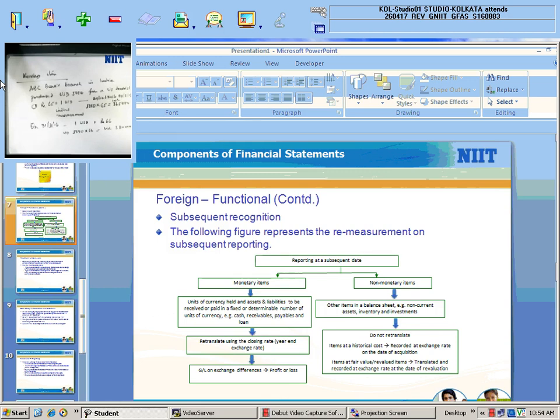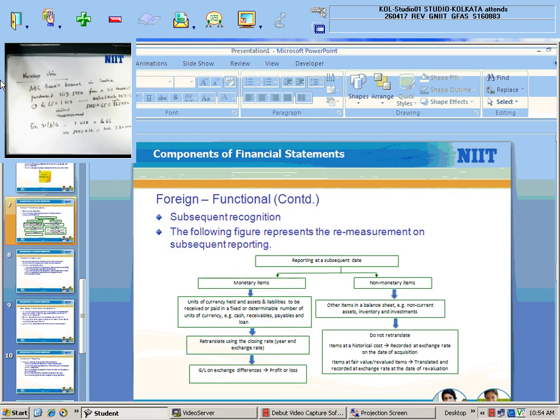The items will continue to be measured at the initially recognized value. No need to use the closing exchange rate. Only if there is a revaluation can the exchange rate on the date of revaluation be used for the revalued items. This is how foreign currency to functional currency conversion takes place.